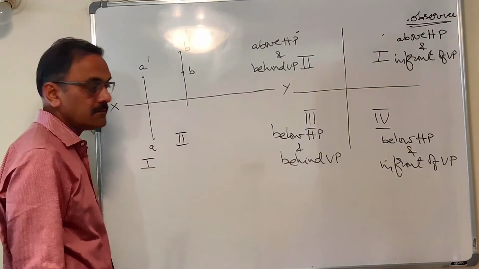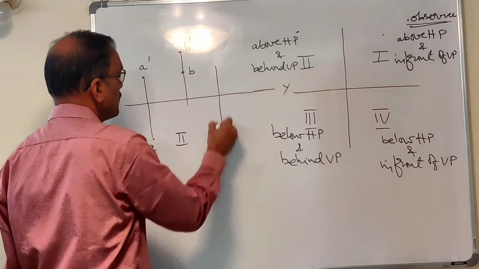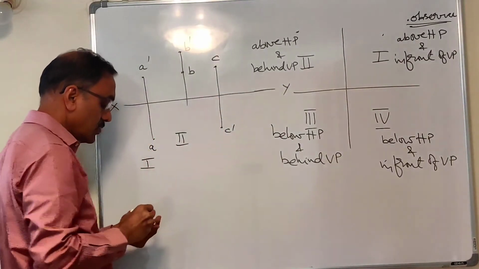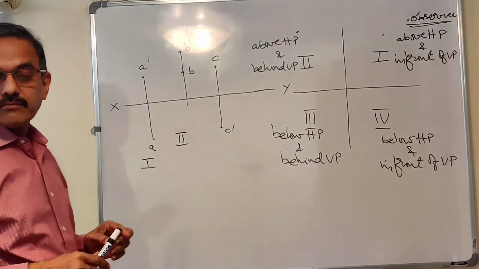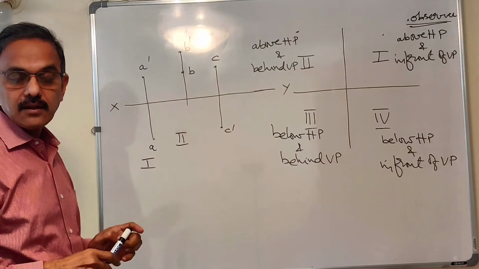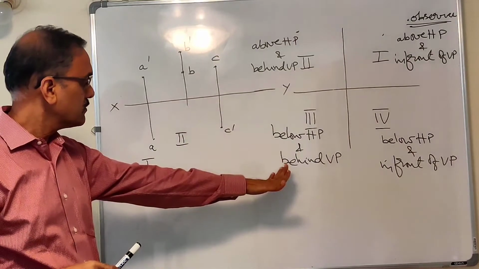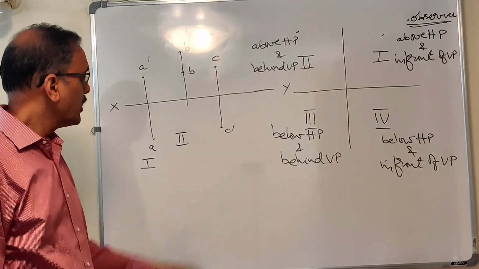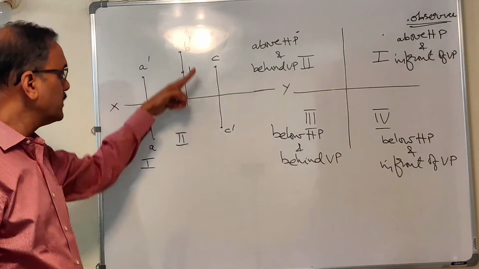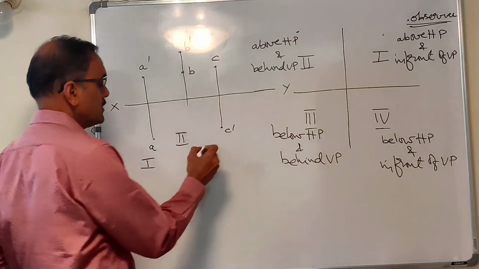Next, in which quadrant does the point C lie? Pause the video and imagine. Based on this, point C is below HP and it is behind VP. Below HP and behind VP is the third quadrant.